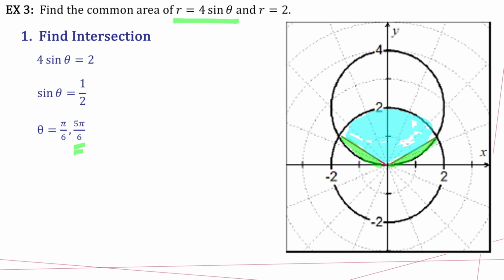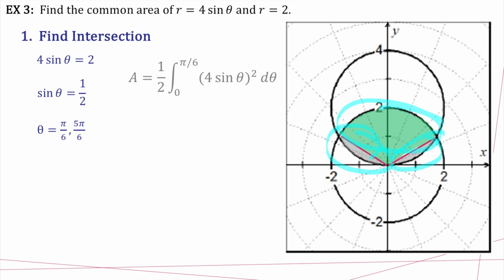So that's what we're going to use to set up our integrals here. So I'm going to color just the stuff that's 4 sine theta gray, and just the stuff that's r equals 2, we'll color that green. And then we're just going to find each of these pieces separately. So the first gray part goes from 0 to pi over 6.